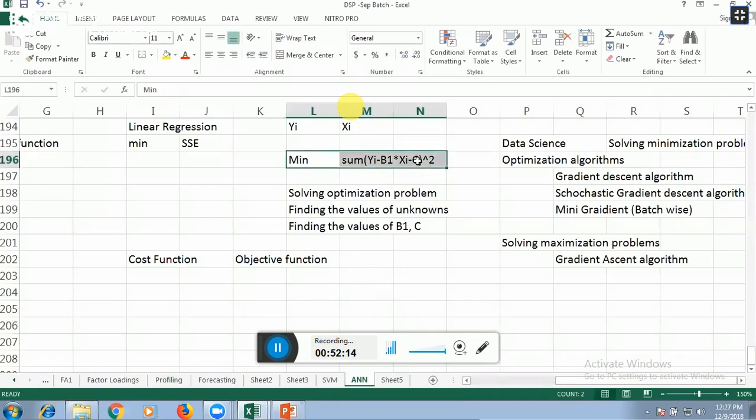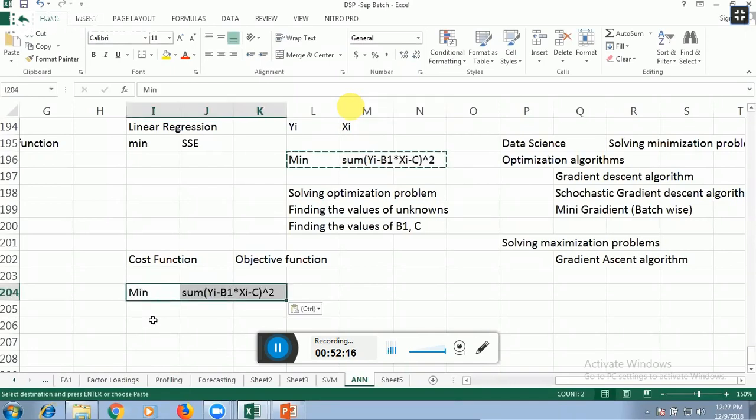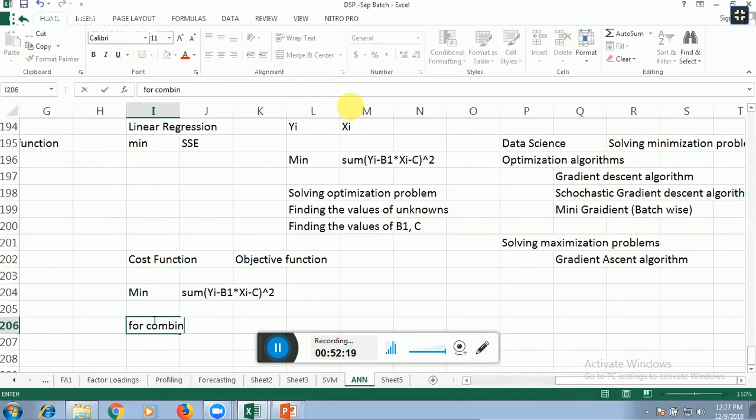Now, whenever I'm talking about minimization of the sum of squares of error, what does that mean? For a combination of beta 1 and a constant, whichever combination of beta 1 and constant makes the cost function give the minimum value. Correct?